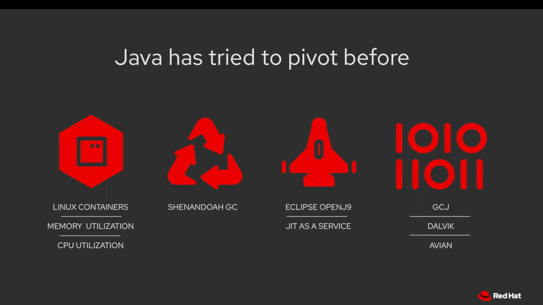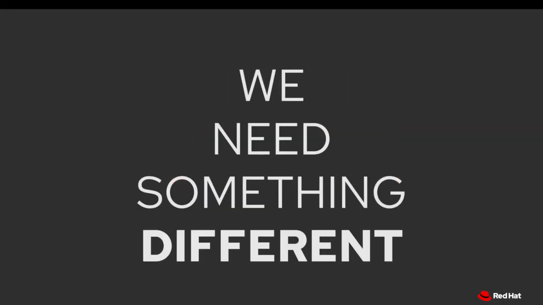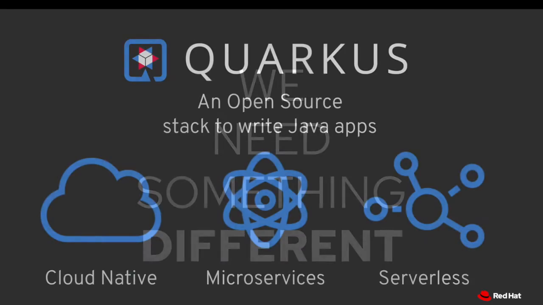There are huge efforts to enhance Java technology to fit the new IT trends like immutable infrastructure, Linux containers, microservices, and public cloud, etc. But still, that's not good enough. So that's why we needed something different from Java.